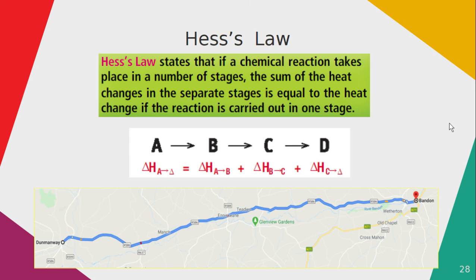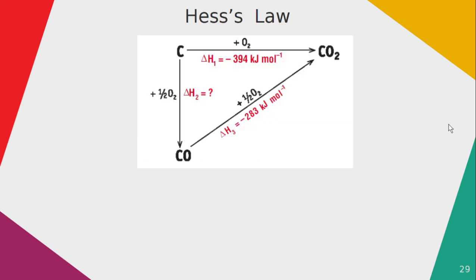So just to put that into perspective, we've got an example here. So I've got carbon and I want to convert it into carbon dioxide. There's 2 ways that I can do this. I can add in 1 mole of oxygen, and if they react completely together, which we'll assume that they will, I can do it in one step. I can go straight from carbon plus oxygen gives me carbon dioxide.